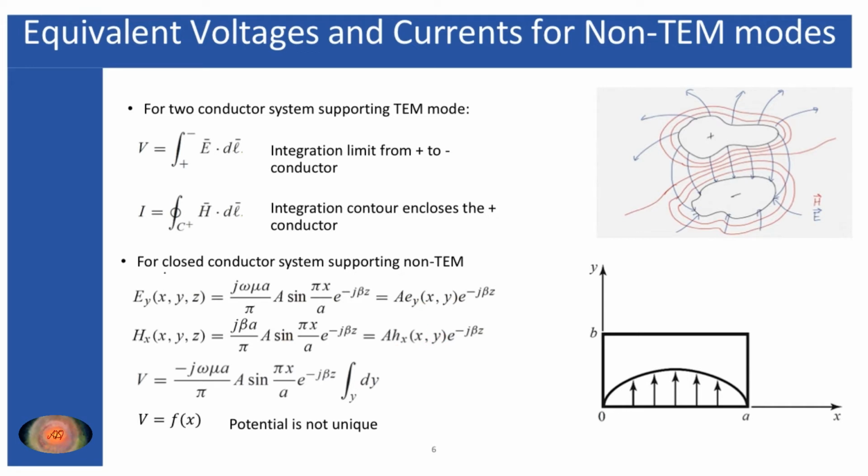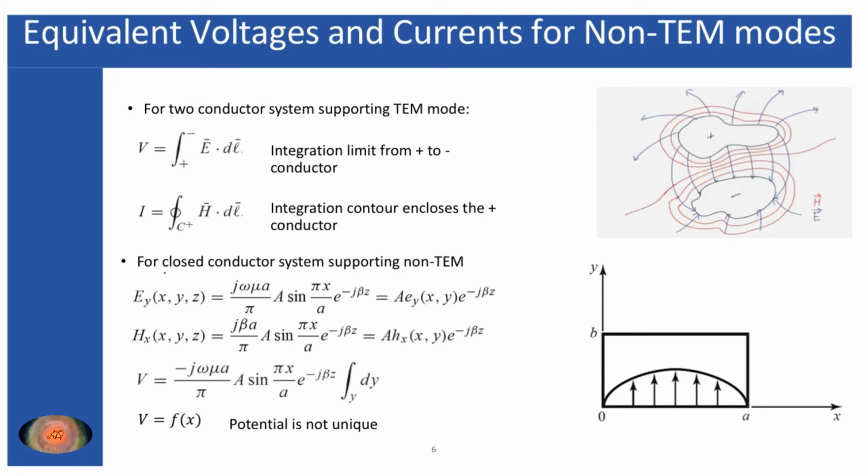If you find the potential by integrating along the y direction starting from 0 to b, then you will end up with another expression which depends upon x only. So the potential at a particular point perpendicular to the direction of the energy flow, in this case the energy is flowing either into the page or towards you, that means out from the page.